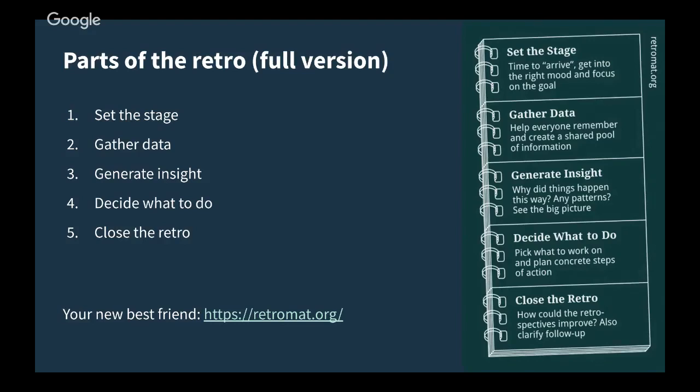And here there is a link to a very useful page which helps you to define every dynamic that you're going to use for every stage, and to have a blueprint for your retro that you can follow afterwards, which is Retro Maps.